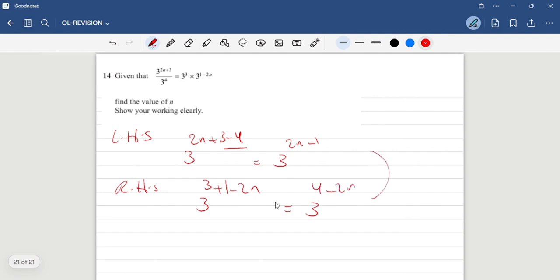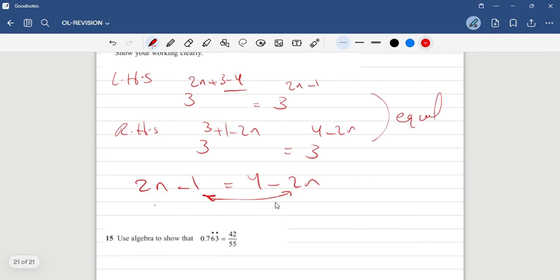Now I will equalize both sides, as long as base equals base, so power equals power, so it will be 2n minus 1 equal 4 minus 2n. Now I will move and put the n on one side, so it will be 4n equal 5 in this case. So after I divide by 4, n equal 5 over 4.